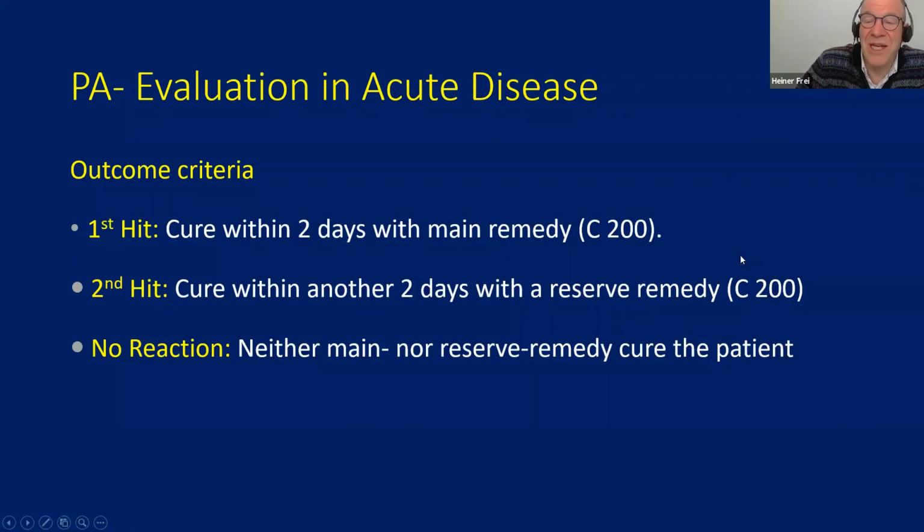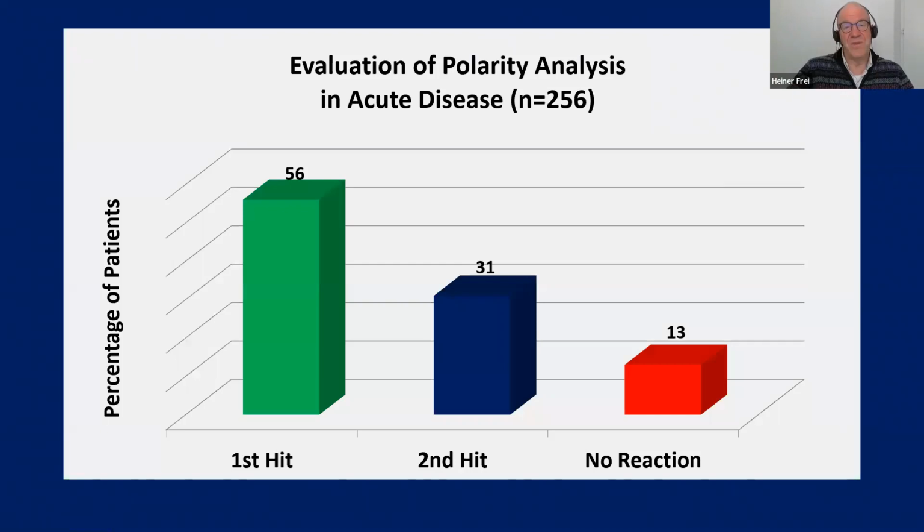So after 4 days, they should be cured. If that is not the case, we count the patient as no reaction. Neither the main nor the reserve remedy cures the patient. And now I show you the result.